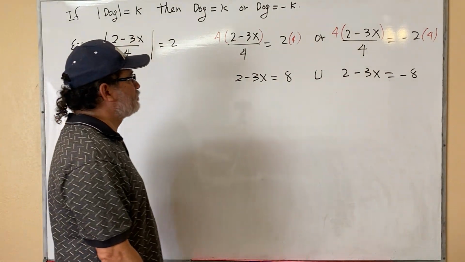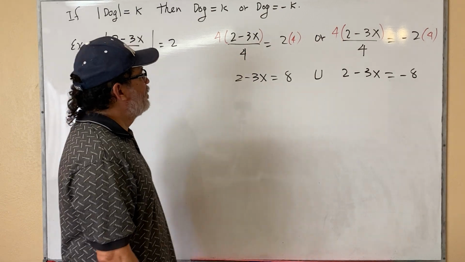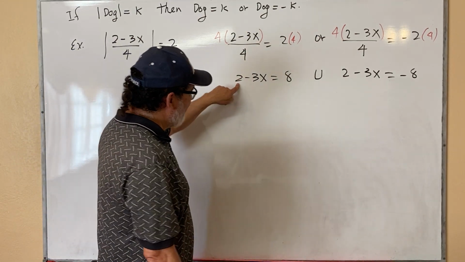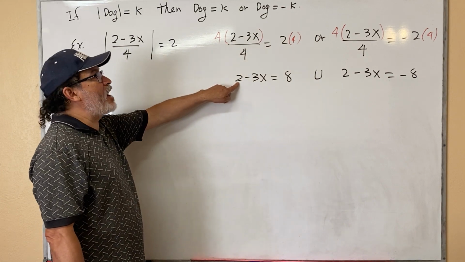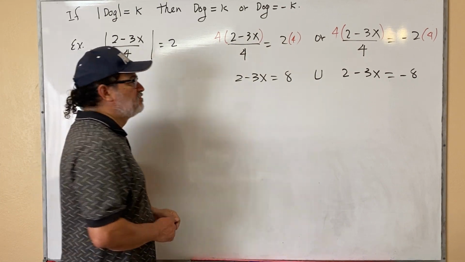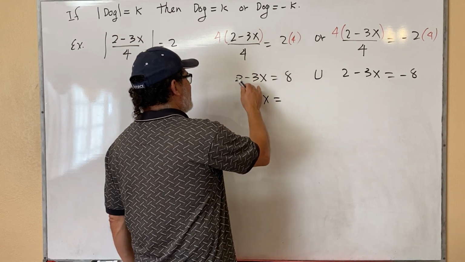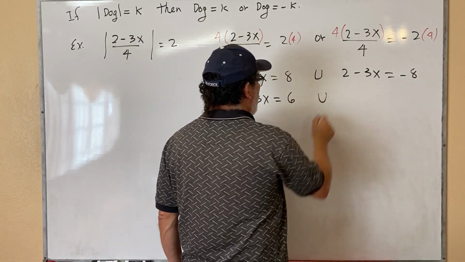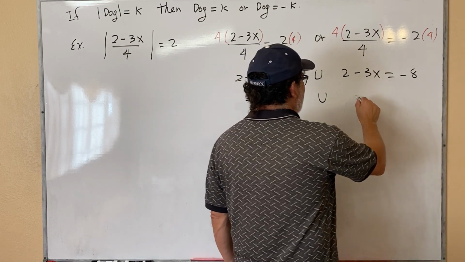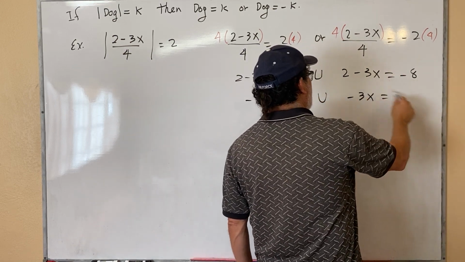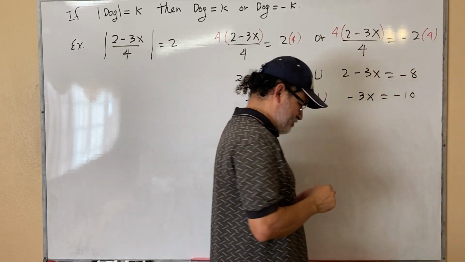Now, let's solve for x. Subtract 2. So minus 3x equals 8 minus 2, which is 6. Or minus 3x equals negative 8 minus 2, which is negative 10.